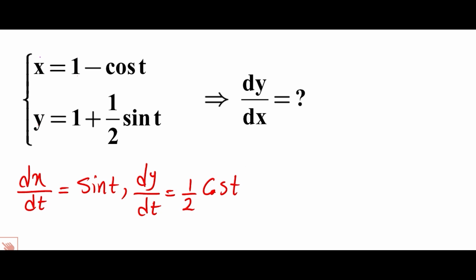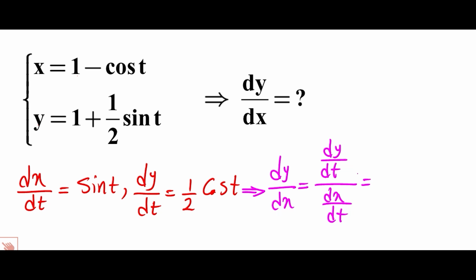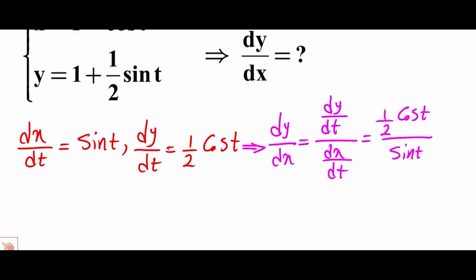So we have dy/dx equals dy/dt over dx/dt, which is 1/2 cosine of t over sine of t. And finally the answer, dy/dx equals 1/2 cotangent of t.